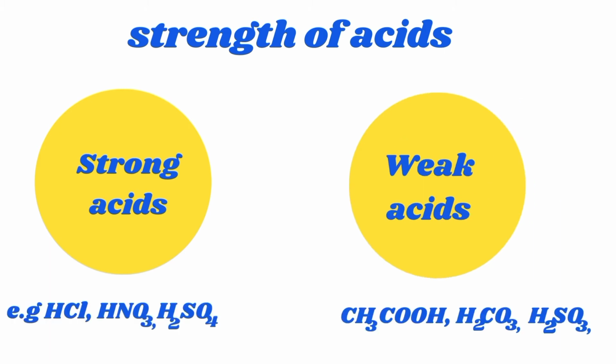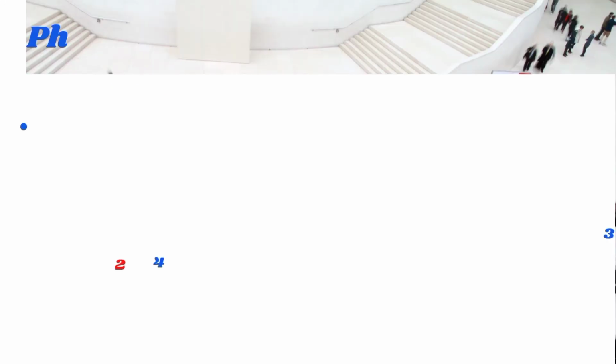Strong acids are acids that ionize completely in solution, and you can see the following examples of strong acids. Weak acids, on the other hand, ionize partially in solution. So you take note. Examples are what you are seeing there. We have ethanoic acid, we have trioxocarbonate(IV) acid.